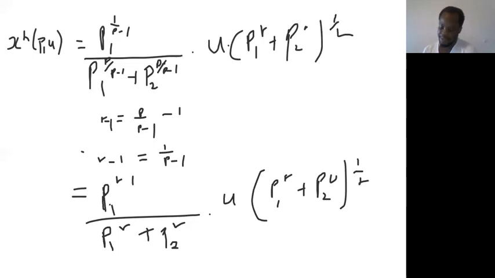Now look at something: this expression and this expression have the same base, so this is also up to exponent 1. Let me clear this part and write it here.